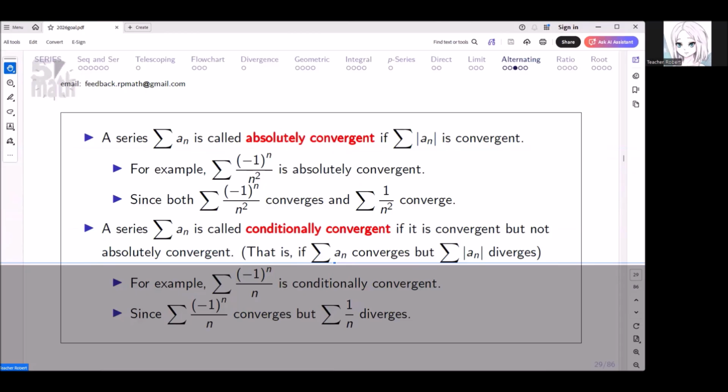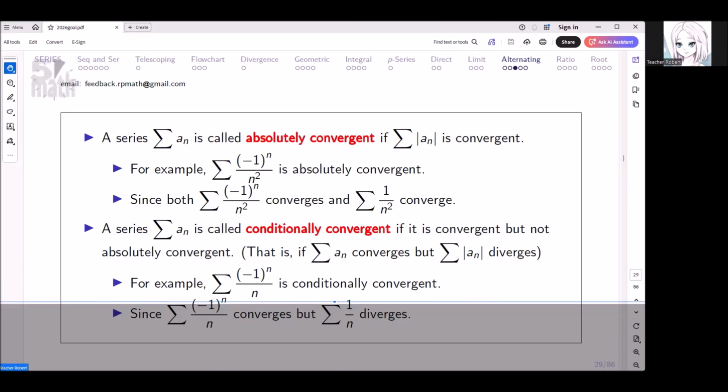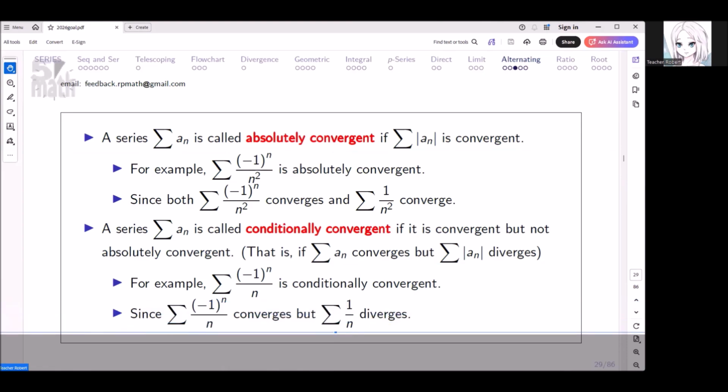That is, if series a_n converges but series absolute value a_n diverges. For example, this is conditionally convergent, since this converges, but that diverges.